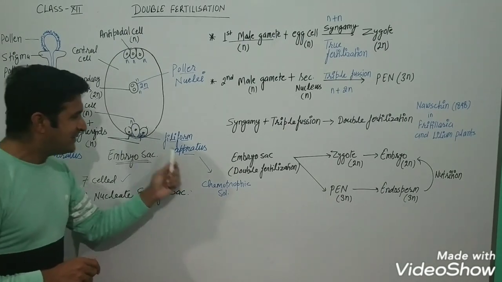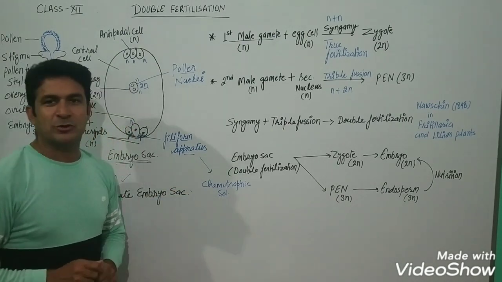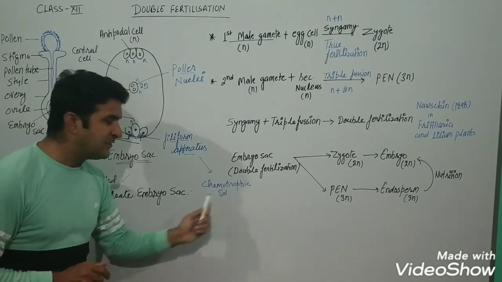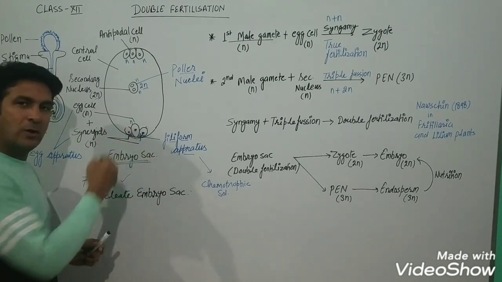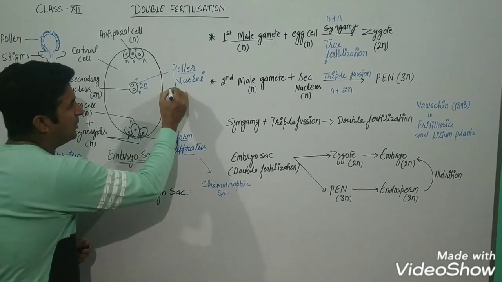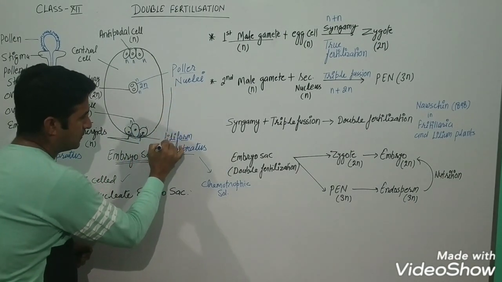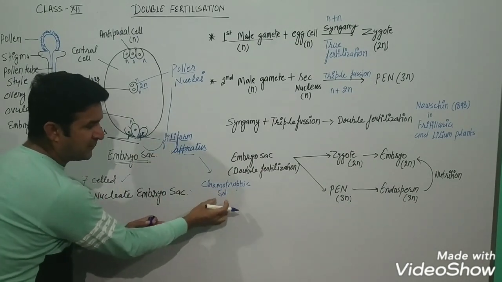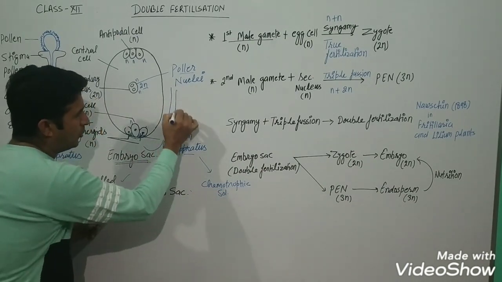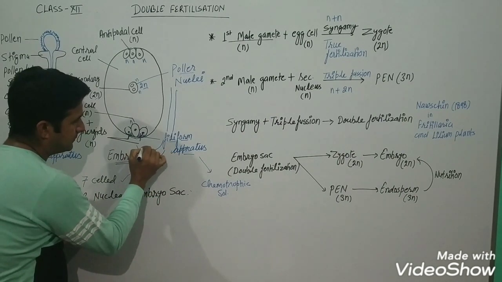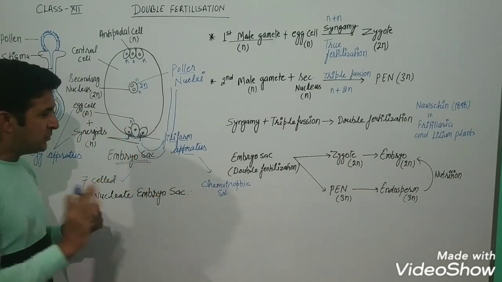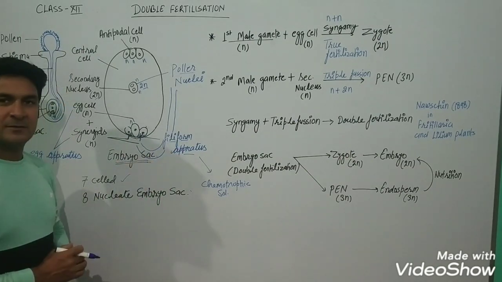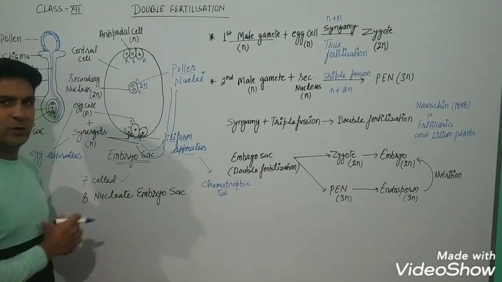Number one, it secretes a chemotropic solution. This chemotropic solution attracts the pollen tube towards it. Suppose this pollen tube is growing downward, then this chemotropic solution will attract the pollen tube towards it, inside. So this is the first function of the filiform apparatus. It attracts the pollen tube towards it.